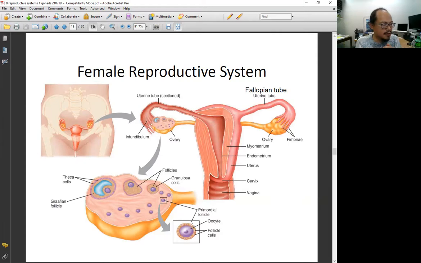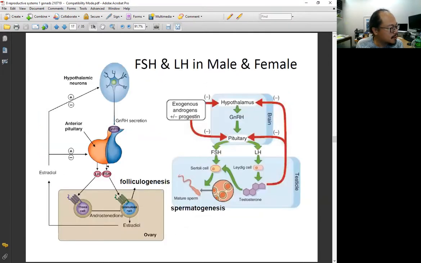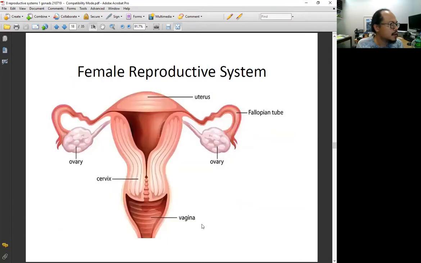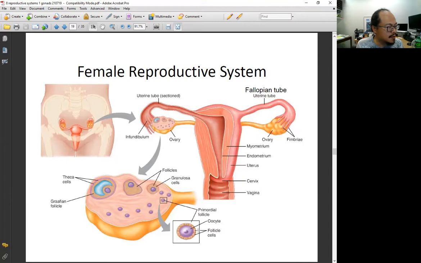This is called the follicle cell, or the granulosa cells, that is, these layers of cells. So in the male, the Sertoli cells hold the hand of this sperm baby to become the mature sperm.